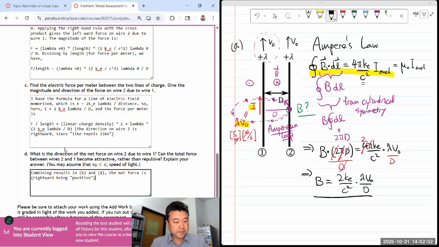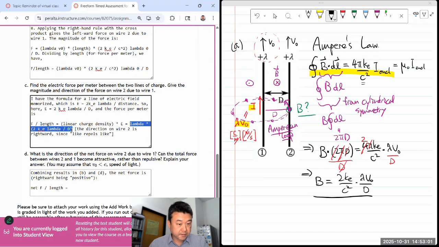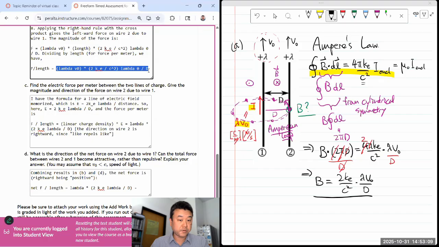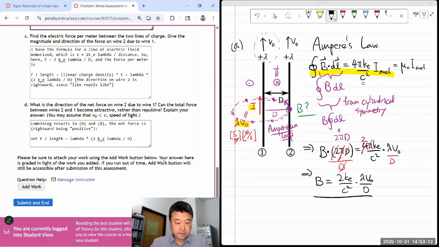That's how I'm going to define it. So net force divided by length is this thing as a positive quantity minus the magnetic force, which was pointing to the left, so it'll be this.